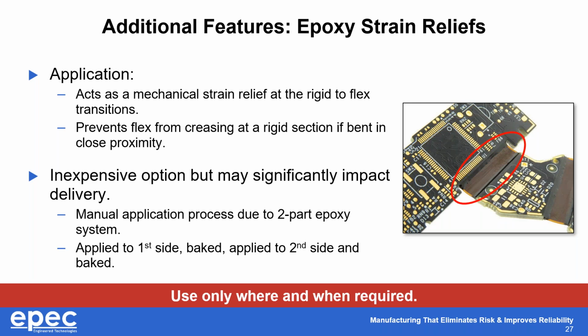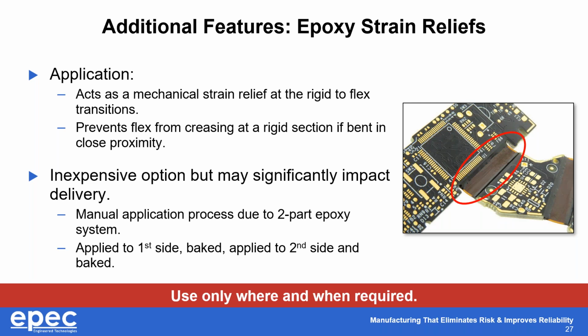You apply them as a bead to one side of the design. Before you can apply it to the other side, you need to go through a baking process, which can vary. It can be in the range of 2 to 3 hours to cure the material. You then come back, flip the part over, apply it to the second side, and again perform a baking operation.